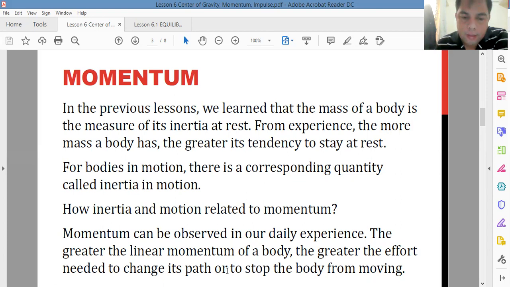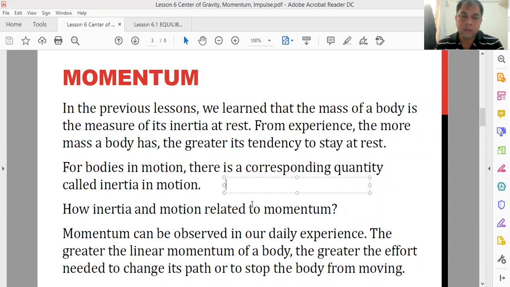We symbolize momentum with the letter P. So momentum P is the product of M and V, where M is our mass, while V is the velocity.